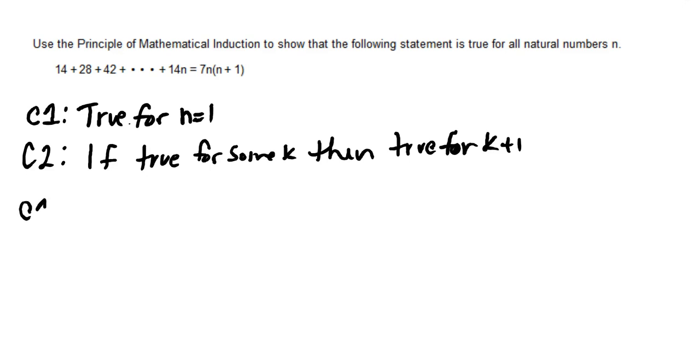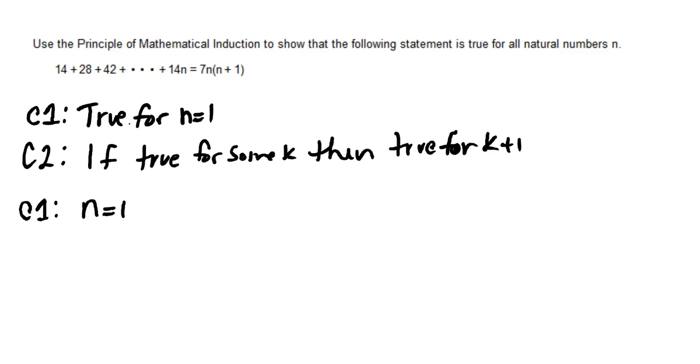So let's start with condition 1. We need to prove that this statement is true for n equals 1. This statement is 14 plus 28 plus 42 plus ... plus 14n is equal to 7n times n plus 1. So for it to be true for n equals 1, on the left we're adding up the first n terms of the sequence 14n.